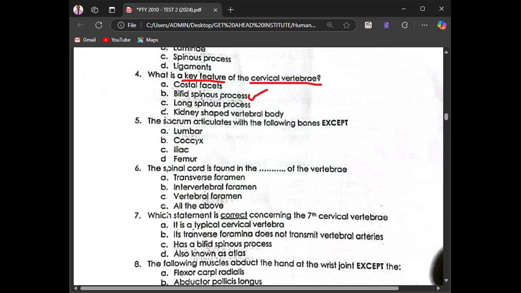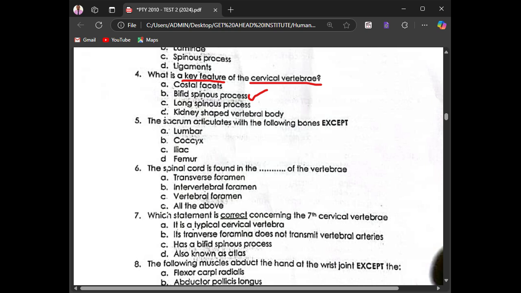You need to understand that as far as key features of typical vertebrae are concerned, the cervical vertebrae basically has a short spinous process, and that spinous process is bifid.